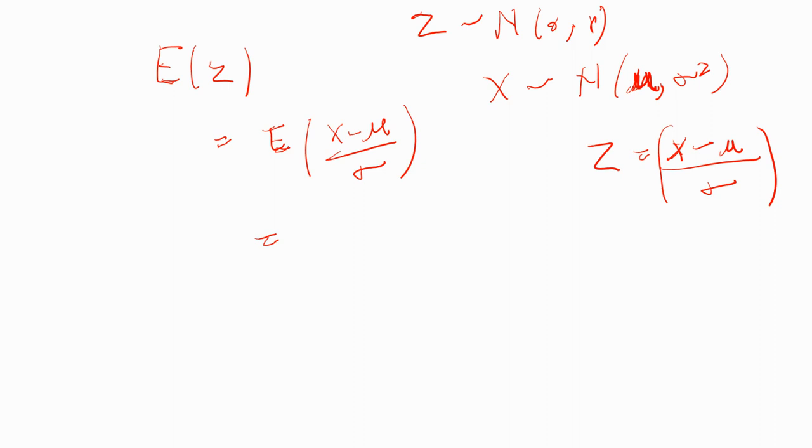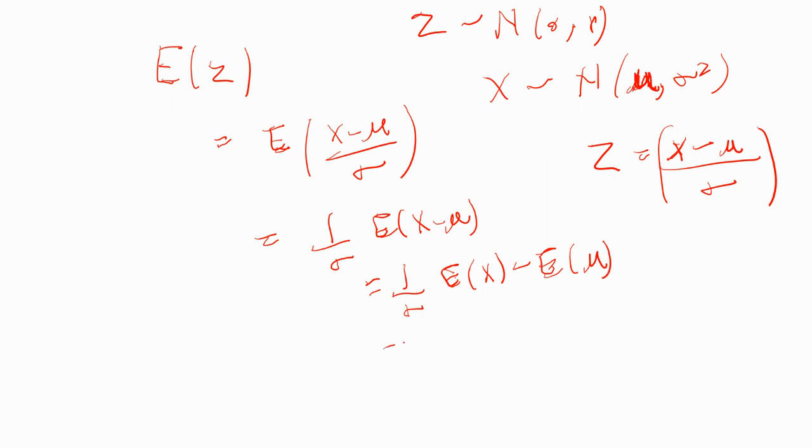Now sigma is a constant term. It will come out. It will be 1 upon sigma times the expectation of x minus the expectation of mu. Now, mu is again a constant term.